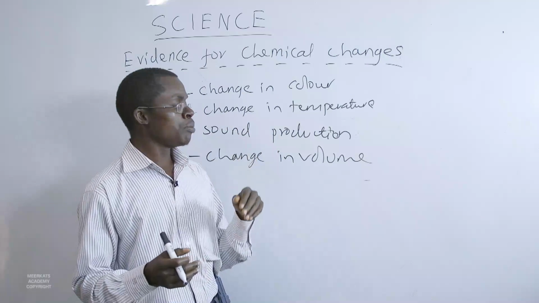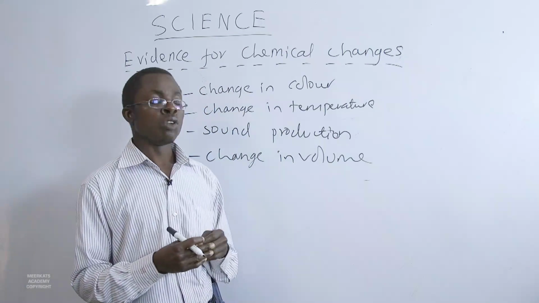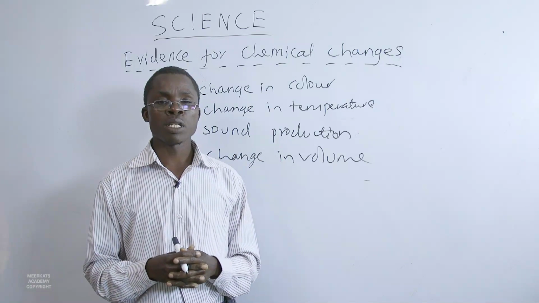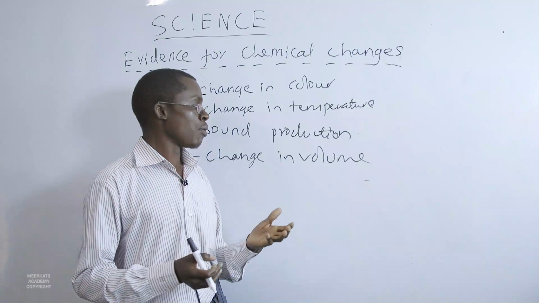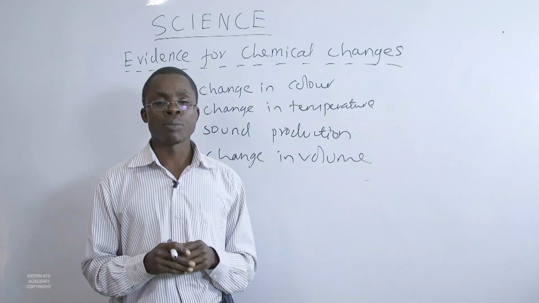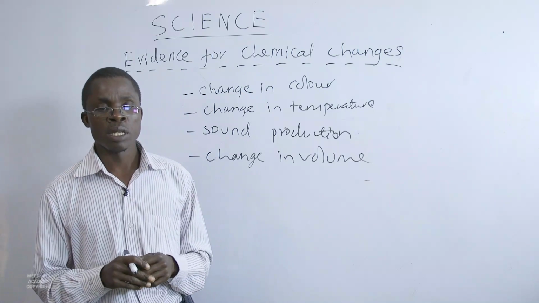You cannot use maybe change in temperature. And maybe furthermore, you cannot use sound production to confirm that a reaction has taken place. What else can you use? Number 4, change in volume, is a very good aspect you will use to show that a reaction has taken place.